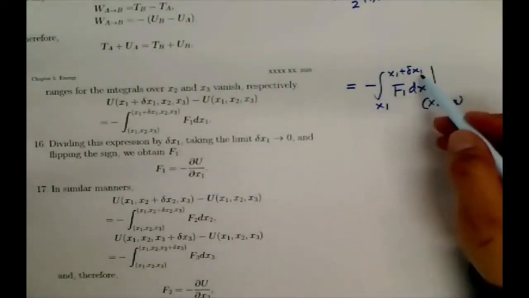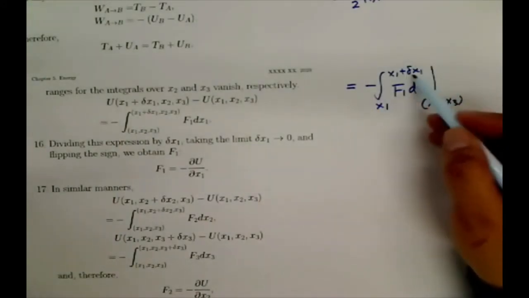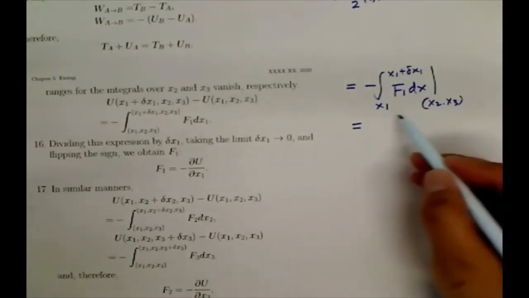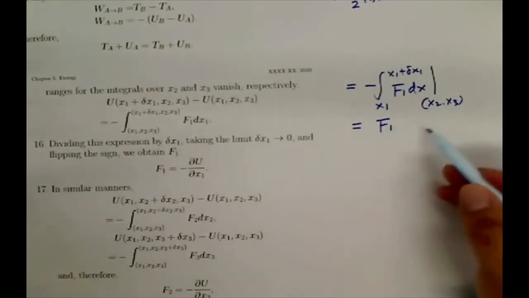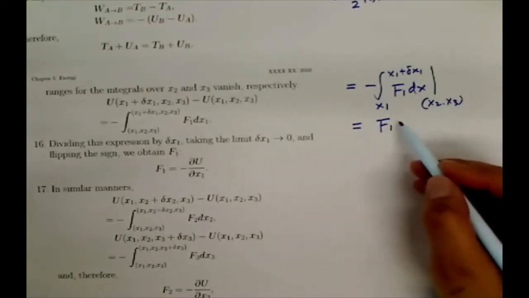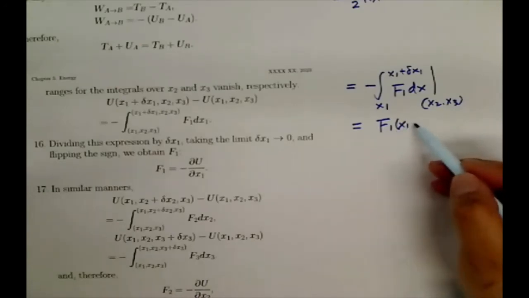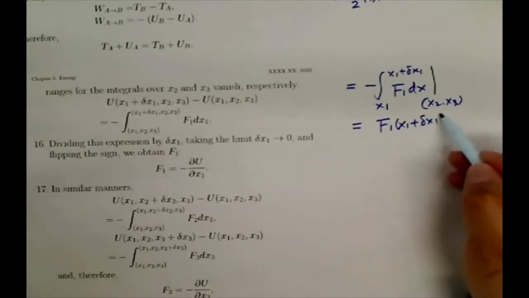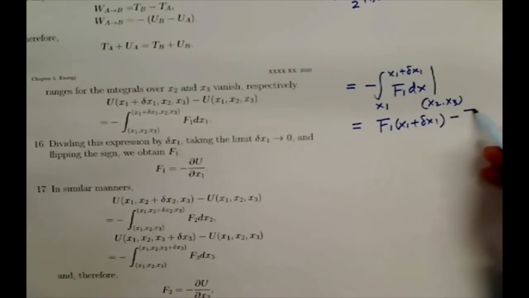If we let this value be very small, then we can find this is F1 at x1 plus delta x1 subtracted by F at x1.